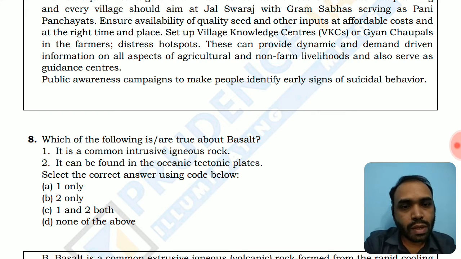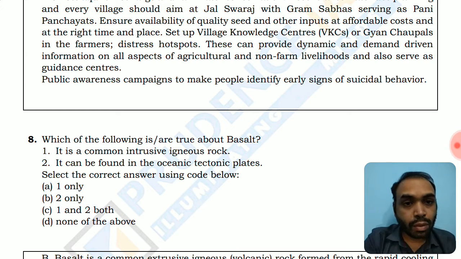This is true because these basalts are of the extrusive character, that is they are formed by volcanoes, and we have already taken up significant proportions of our questions regarding the oceanic tectonic plates and mid-oceanic ridges and the sea floor spreading concept. So second option is correct while first is wrong.